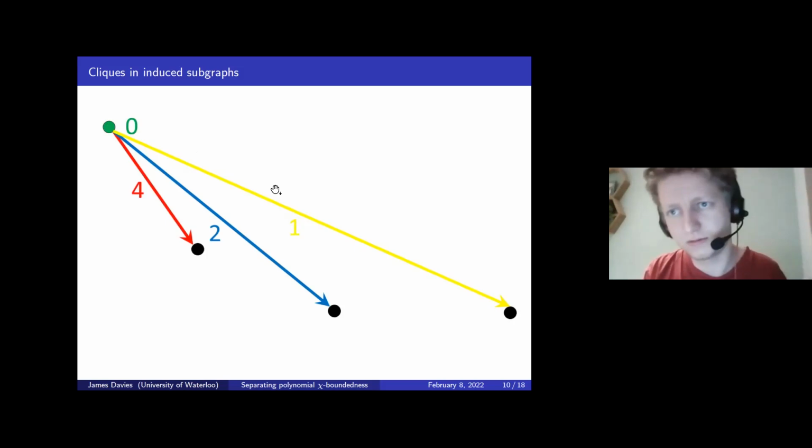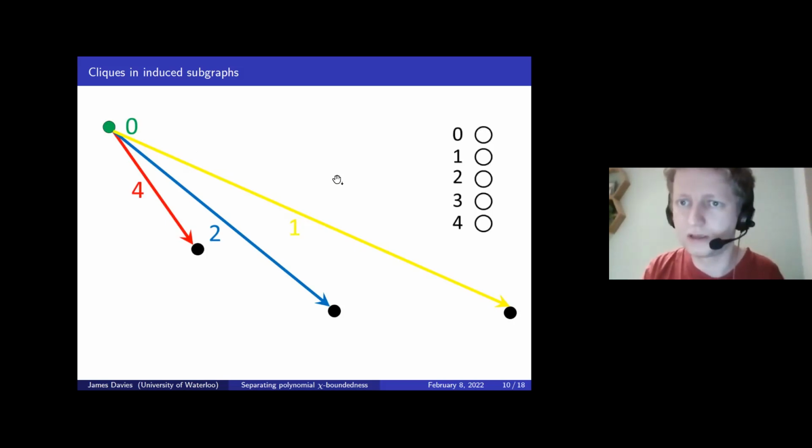So this gives us a type of clique, we could call this. So we could look at the residues modulo p, and the type will just be the residues of the edge lengths on the tail. So we have 0, 1, 2, and 4. That's this type for this 4 clique.